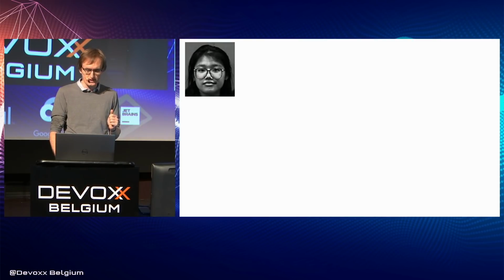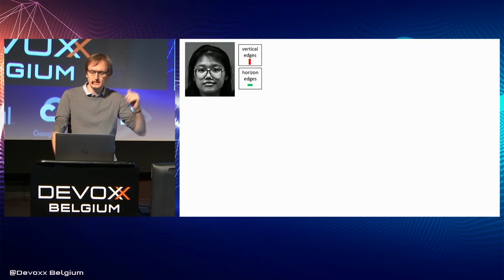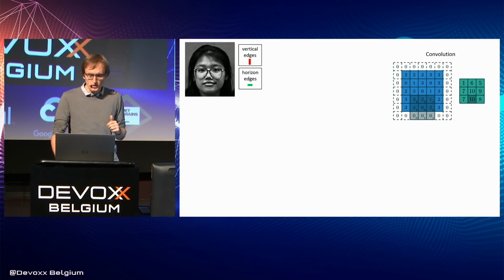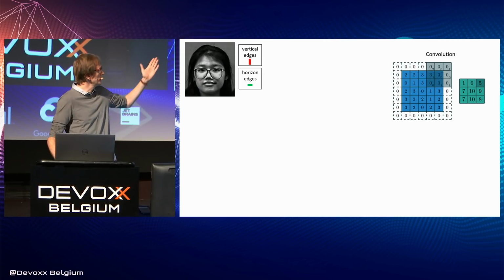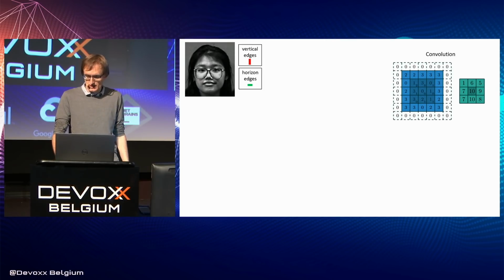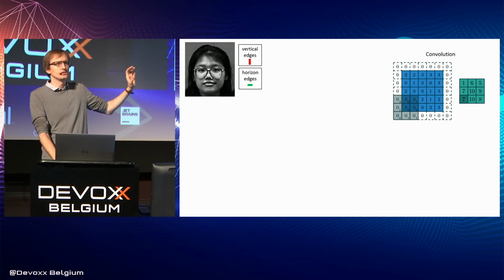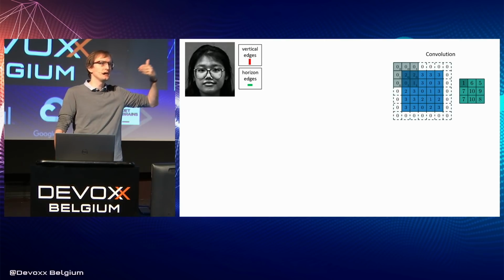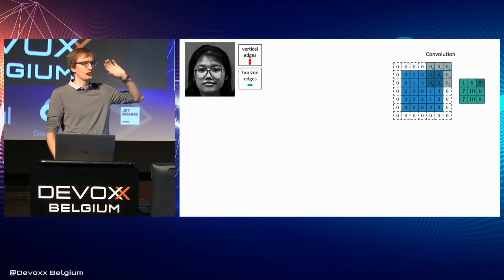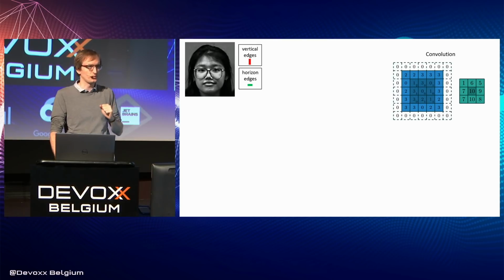Let's just do it. So first, we will find edges by applying proper horizontal and vertical filters to the image. We will do it by convolution or correlation, which is simply creating a small mask and sliding it across the image and multiplying and summing all of the things from the mask and below from the image.